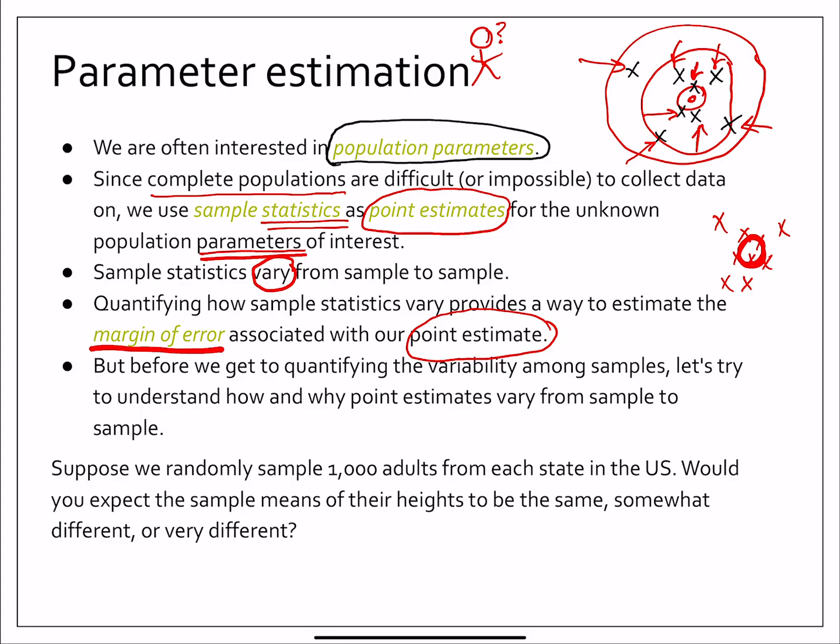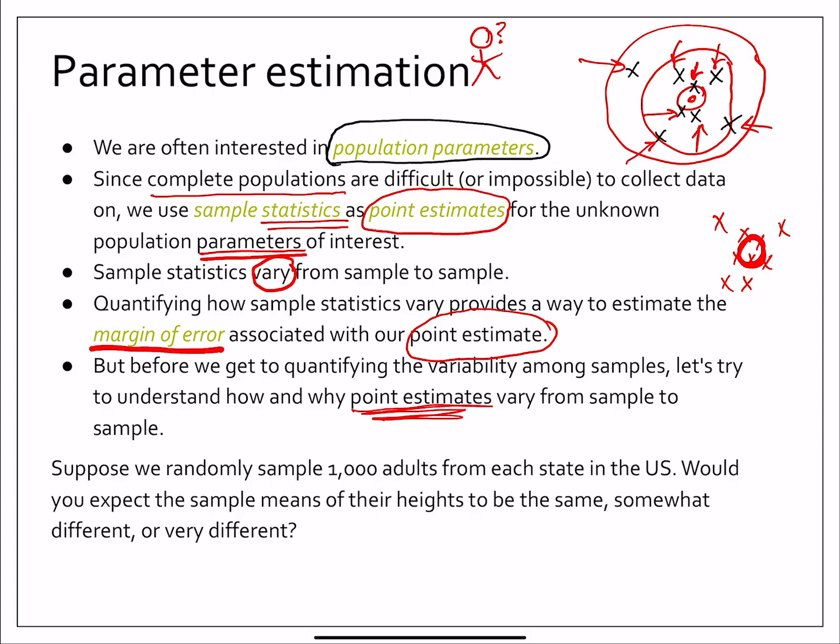Now, we're not going to go all the way into finding a margin of error yet, but the first thing we want to do is find out about the point estimates and why they are different when we take different samples. Why is it that if I was to take 10 different classes at Trinity and I found the mean height of each of the classes, all of those mean heights would be slightly different.